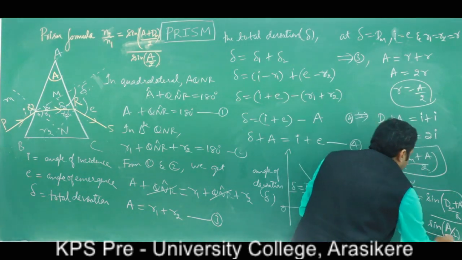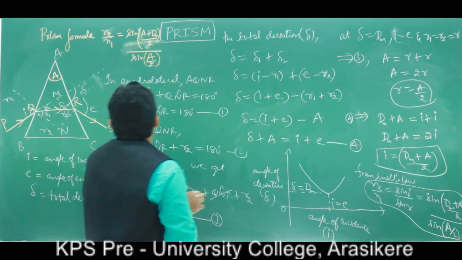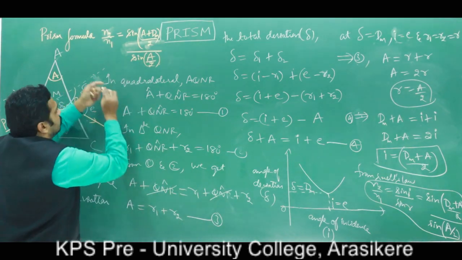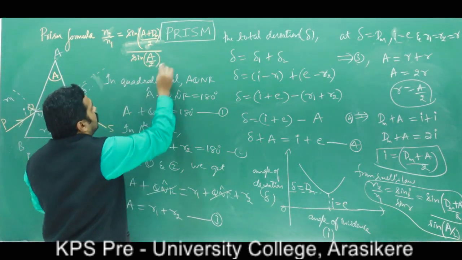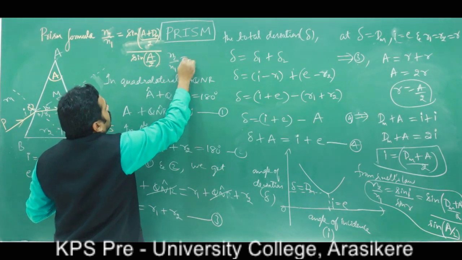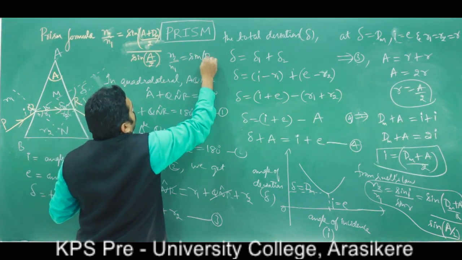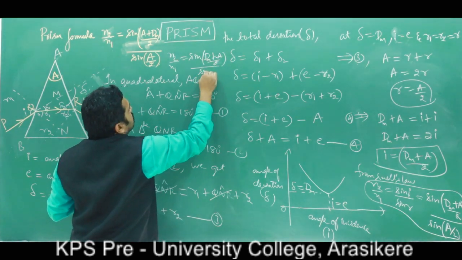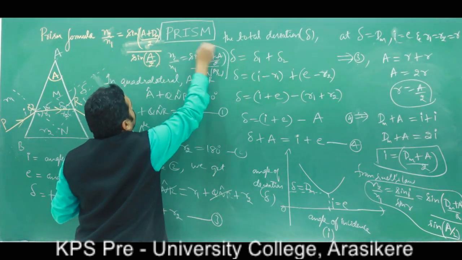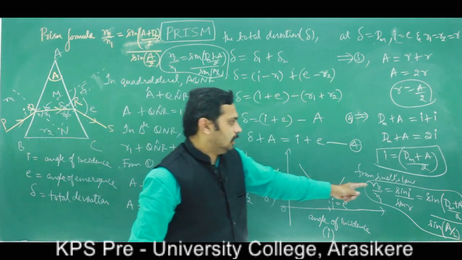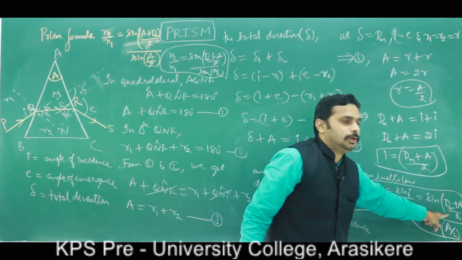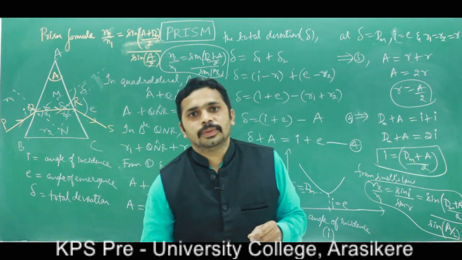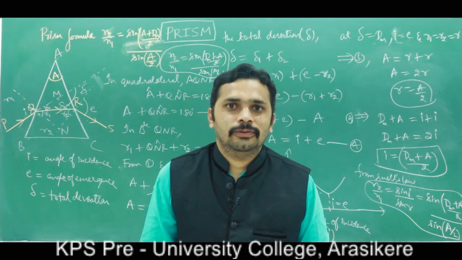This is the prism formula: n2 by n1 is equal to sin of (dm plus A) by 2 divided by sin of A by 2. This is very important, and it is applicable for a prism.